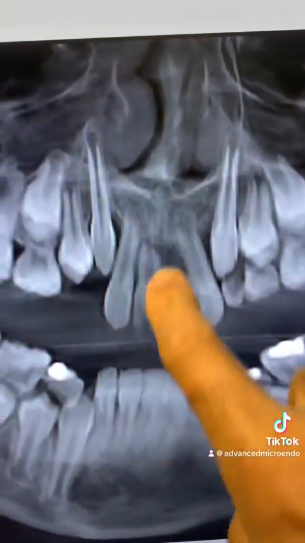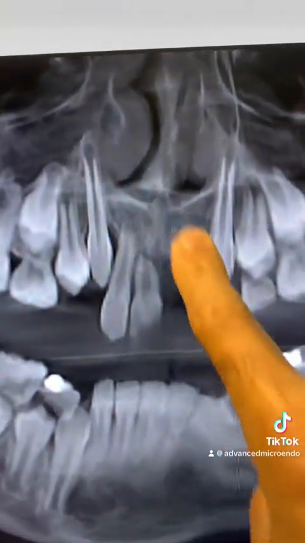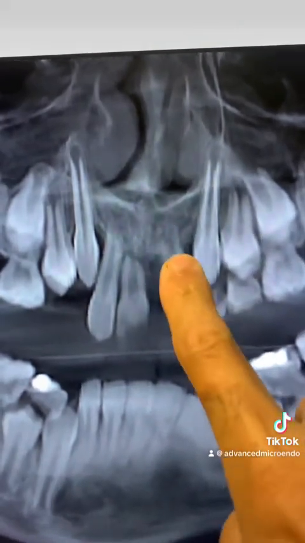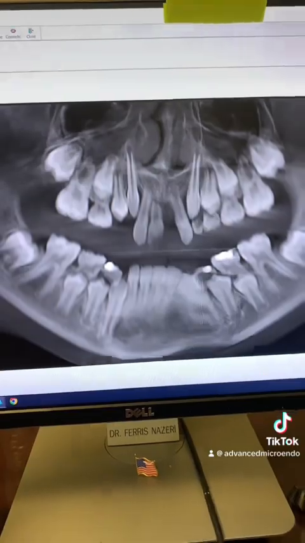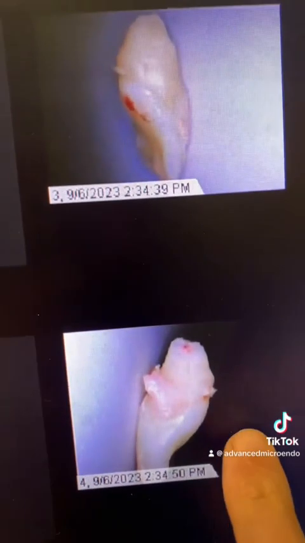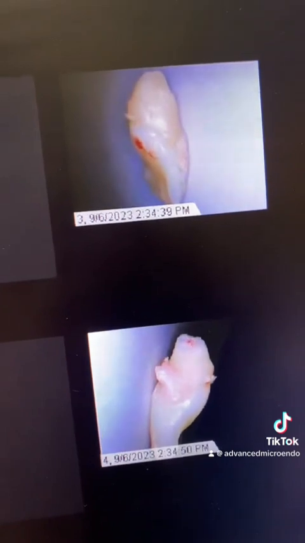And again, you can see tooth number 8 and tooth number 10 right there with the horizontal fracture. This is the avulsed tooth number 9. And you can see it wasn't possible for the dentist to put the tooth back in because it was out of the mouth for way too long, unfortunately.